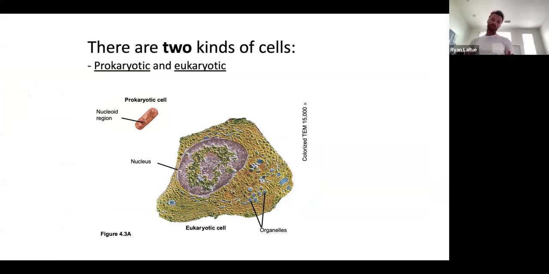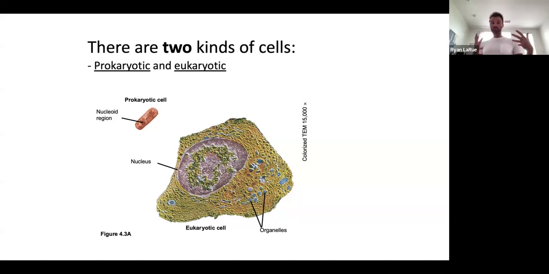The two different cell types are prokaryotic cells and eukaryotic cells. Prokaryotic organisms made of prokaryotic cells, eukaryotic organisms made of eukaryotic cells. Okay.